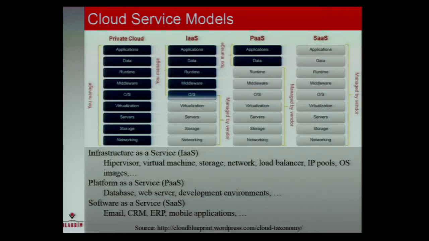And when you get a platform as a service from your vendor, your vendor manages up to runtime, and you only manage data and application level. And if you get software as a service, like email, CRM, or ERP mobile applications, your vendor manages all of these layers for you.